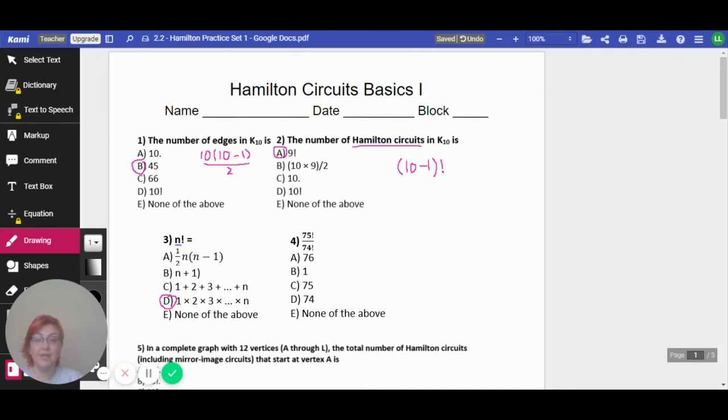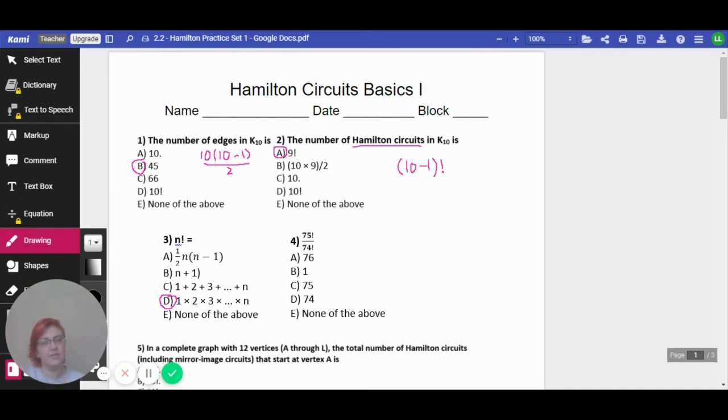All right. How about 75 factorial divided by 74 factorial? Now, you can absolutely do this in your calculator. 75 factorial divided by 74 factorial. Thinking through it though, we're looking at 75 times 74 times 73 times 72, etc., divided by 74 times 73. Wait a minute. In multiplication, things cross out when they're in the numerator and the denominator.